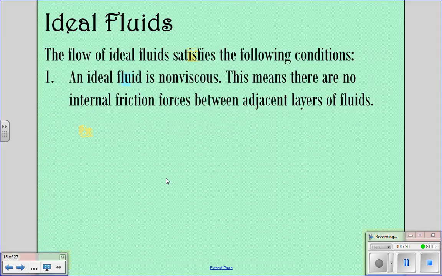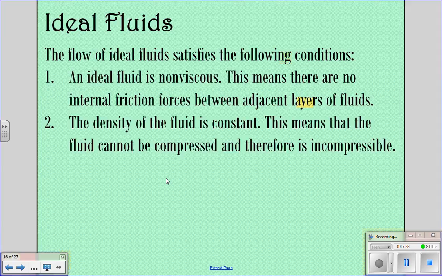So the flow of an ideal fluid satisfies the following four conditions. One, your ideal fluid is non-viscous. That means that there are no internal friction forces between any adjacent layers of fluids. Two, the density of the fluid is constant.